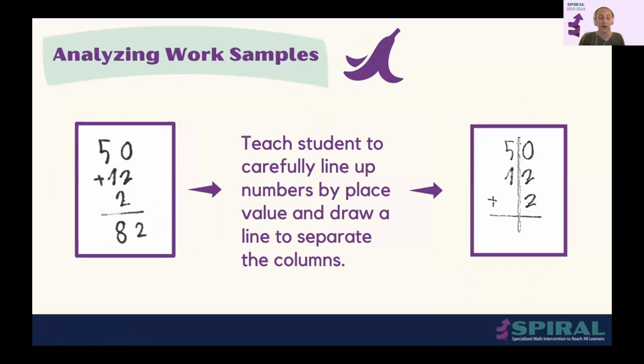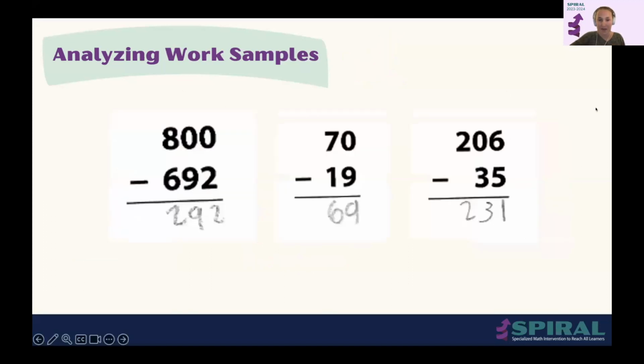In one of the intervention projects that I'm working on, we always tell students to draw the line and circle the sign. And so it's this automatic, they know before I add or subtract, I separate the place value columns, I circle the sign to make sure that I'm paying attention to what operation I need to use, and they go from there.